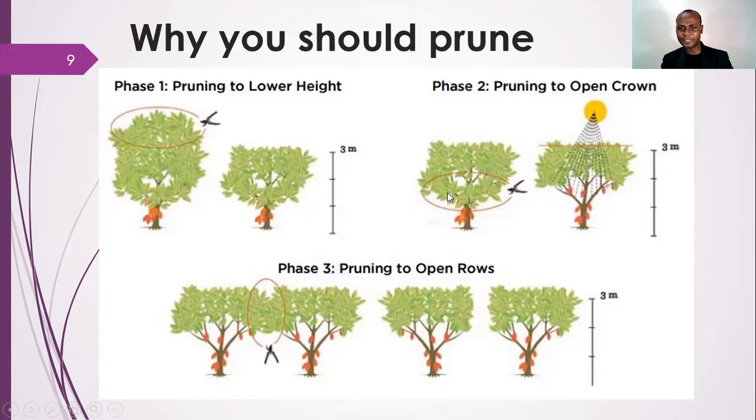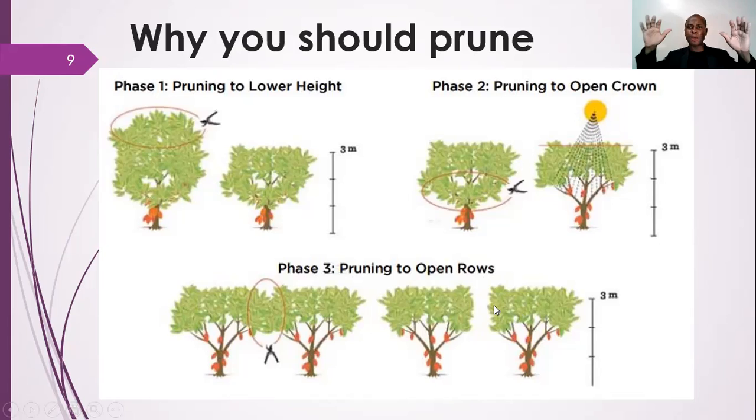As you can see in this image, you are going to remove the leaves and branches here, and then you have an open canopy which looks like this one. And then over here, you see there are overlapping branches. You are going to remove the overlapping branches, and then you have something like this.